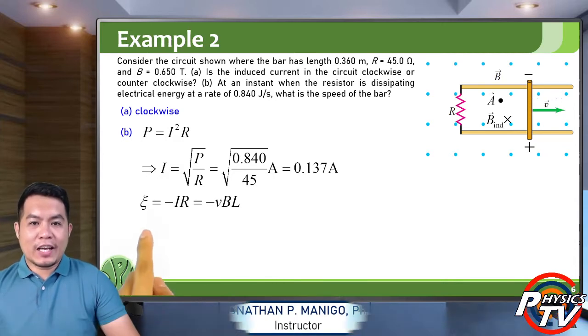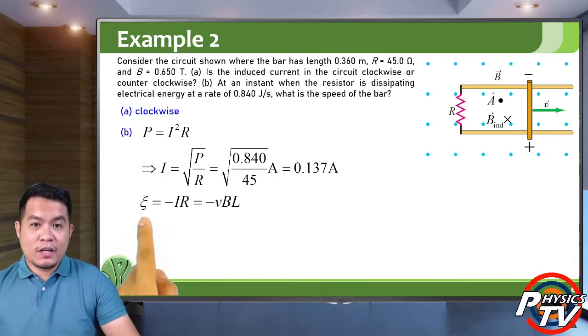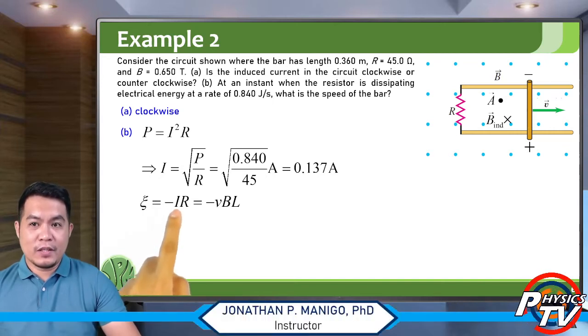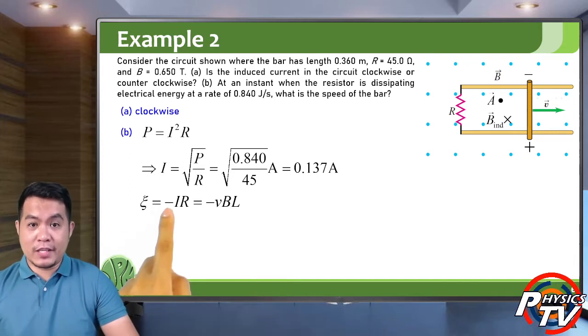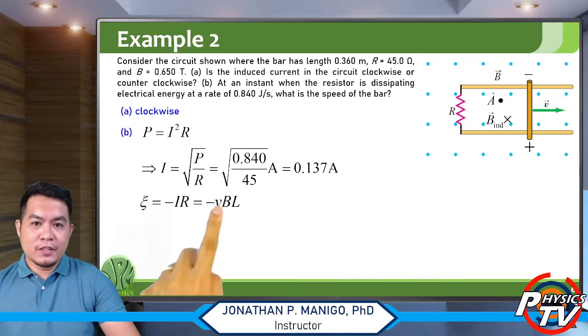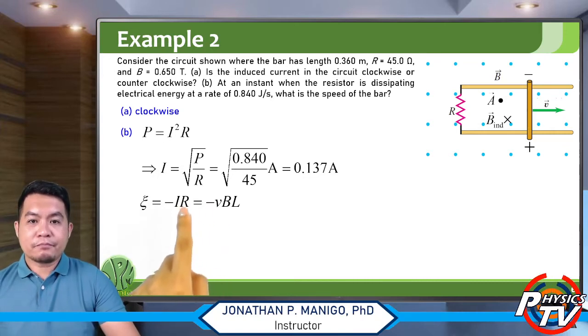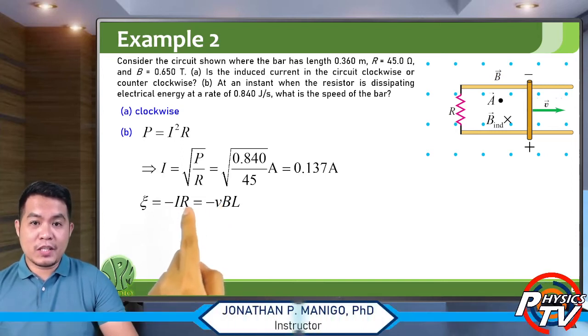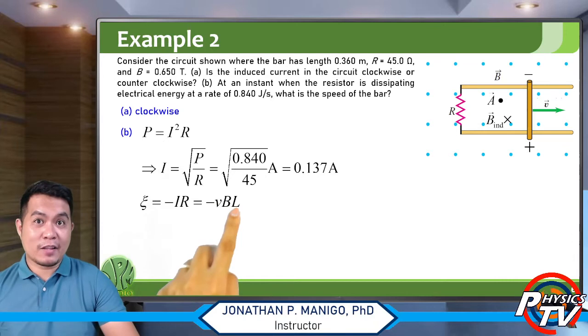So knowing the current, we can now solve for the EMF. The EMF is basically just negative I times R because of Faraday's law. It's negative I times R, which is also equal to negative VBL. So meaning the unknown here is the velocity, the speed of the bar. We know the current, we know the resistance, we know the magnetic field, we know the length of the rod.